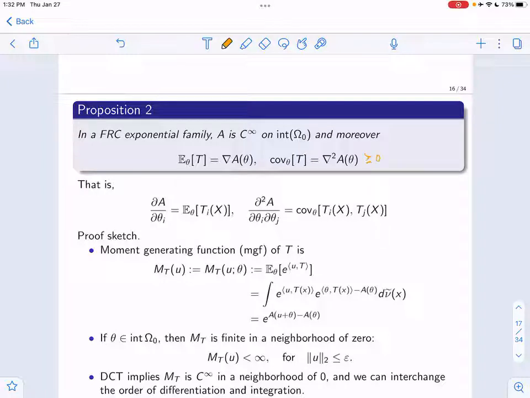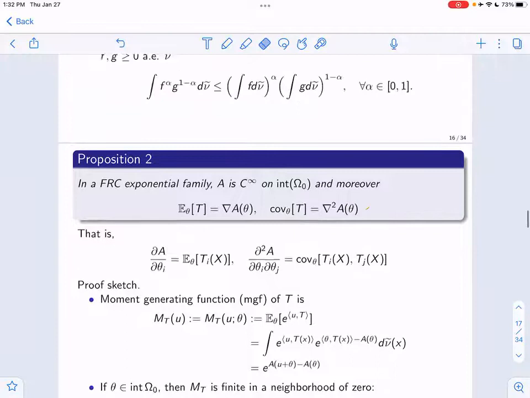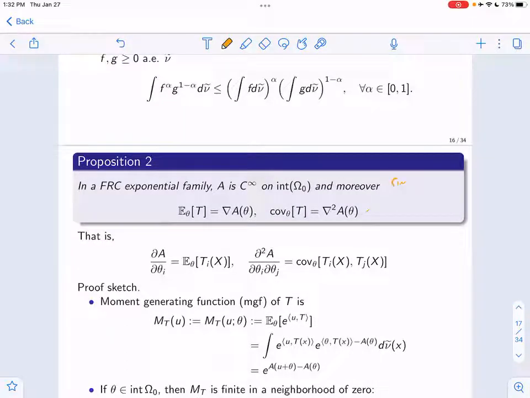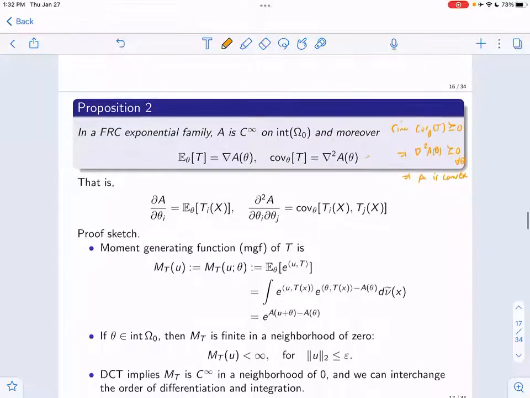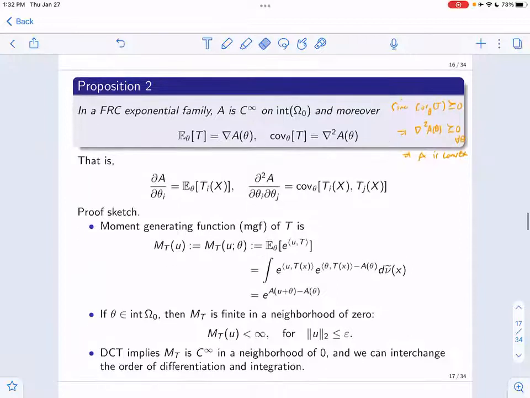And you can see from this result, because the Hessian is equal to the covariance matrix of T, and covariance matrices are in general positive semi-definite, this gives you an alternative proof that A is convex. Since the covariance of T under theta is positive semi-definite, the Hessian of A is positive semi-definite for all theta. Hence, A is convex. So this is another proof of convexity once we show this result.